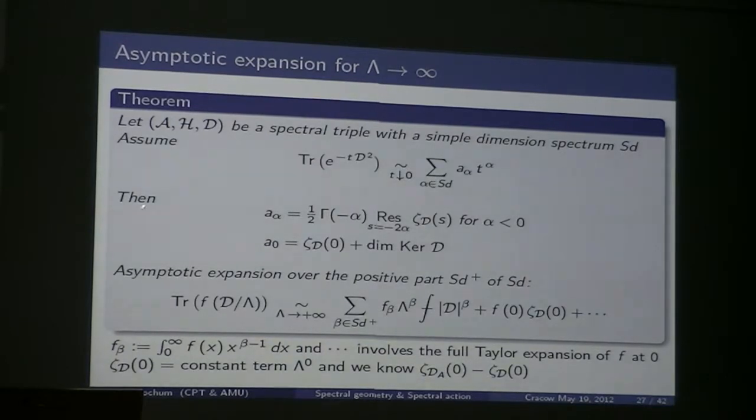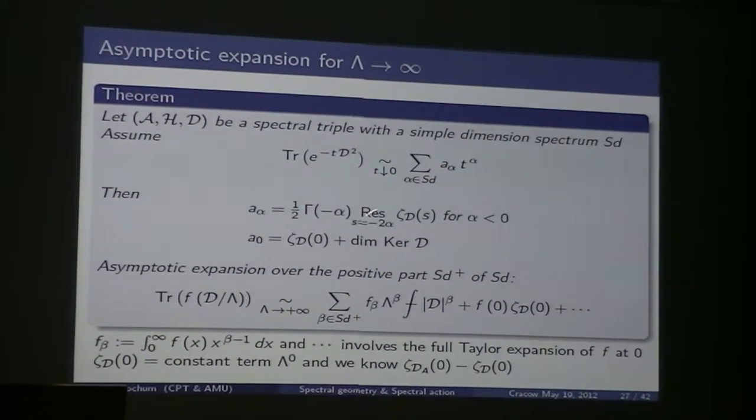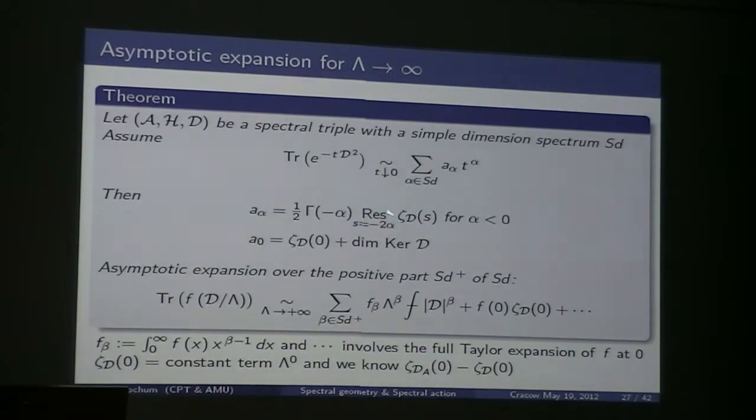Then you control the coefficients. The coefficients are precisely given, for instance, when alpha is negative, by the residue, as before, of this zeta function. Gamma is just a gadget here. The gamma function always appears.